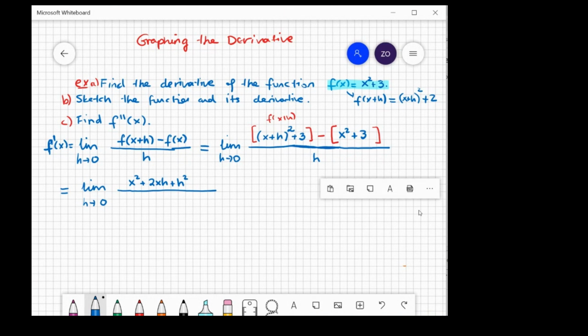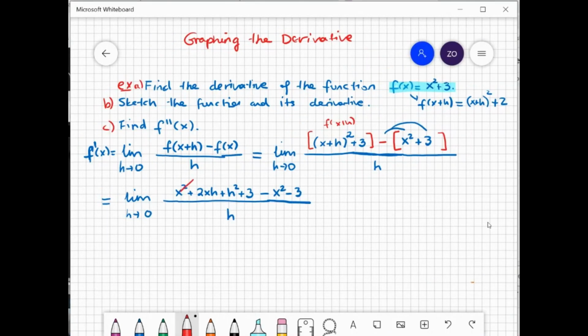Okay, and we have plus 3 in the first parenthesis, minus, so let's distribute that minus. Oops, sorry, I meant to delete these. So we should subtract x squared and 3. When we distribute this minus, and we have h in the denominator, what cancels out? x squared minus x squared, 3 minus 3.